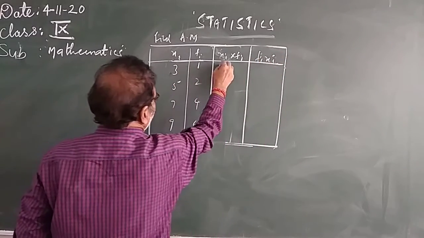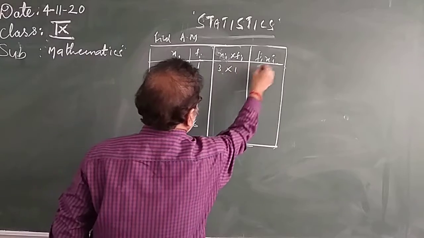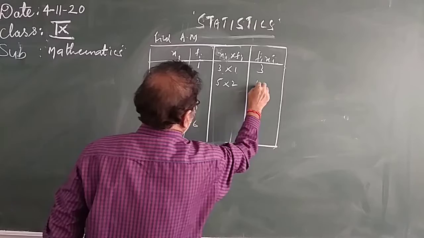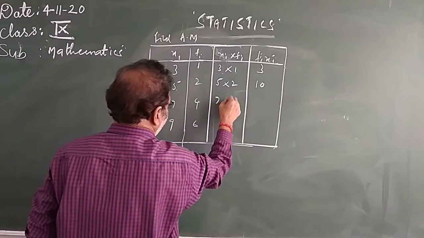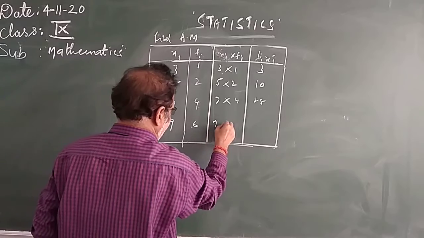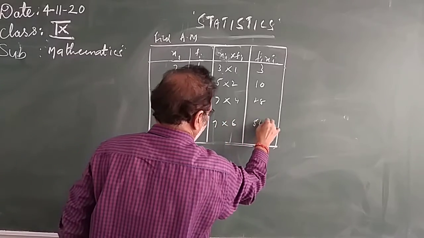Xi is 3, fi is 1, so 3. Xi is 5, fi is 2, so 10. Xi is 7, fi is 4, so 28. Xi is 9, fi is 6, so 9 times 6 is 54.